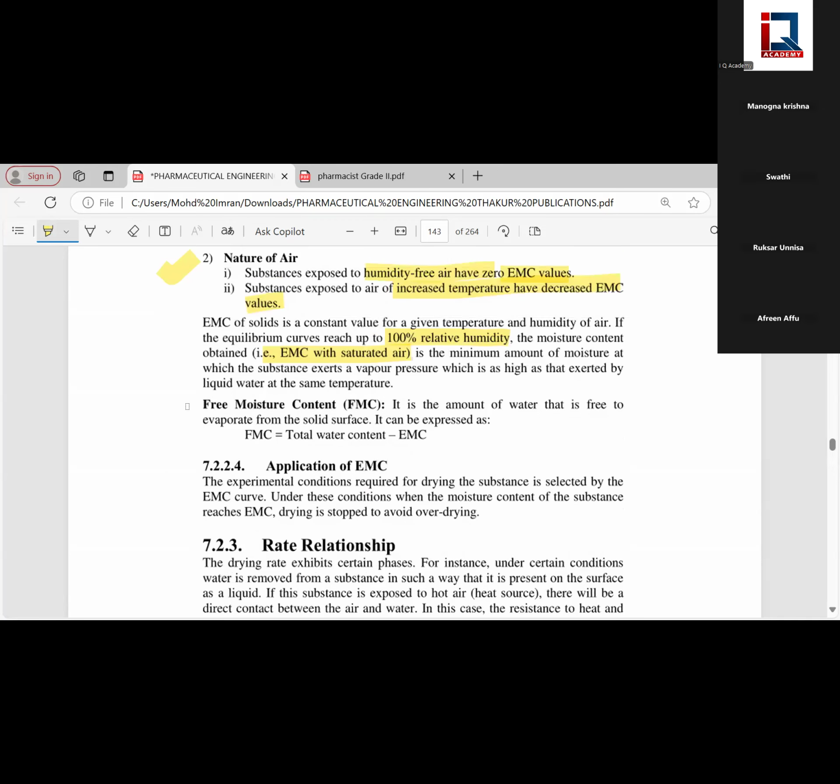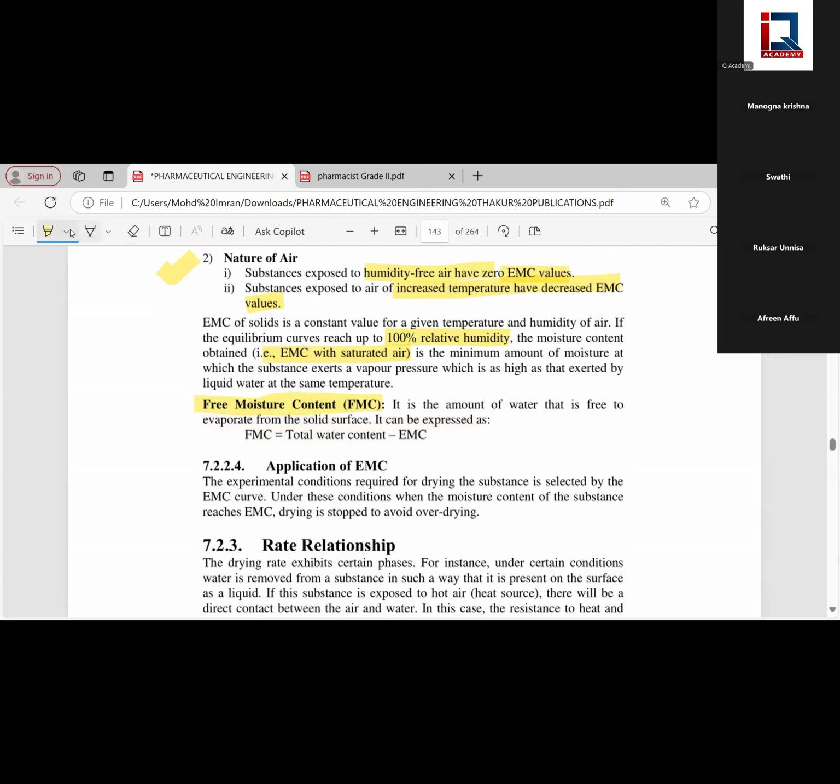The next important term you should remember is FMC, free moisture content. It is the amount of water that is free to evaporate from a solid surface. Free moisture content is total water content minus EMC. Please note it down.